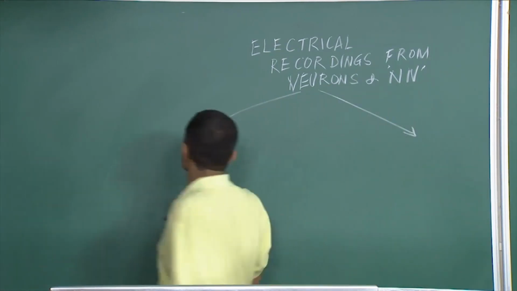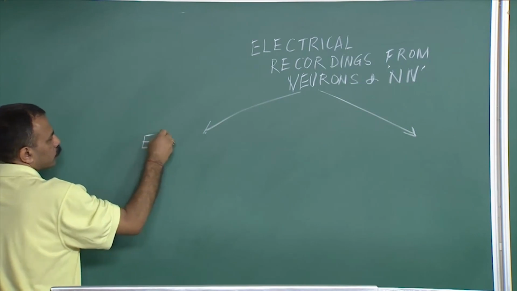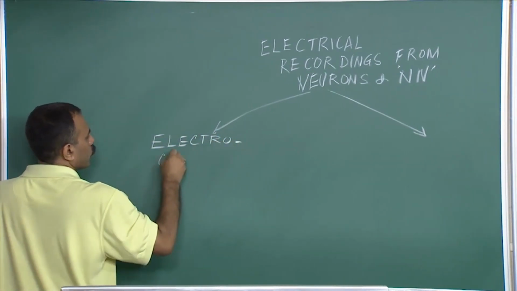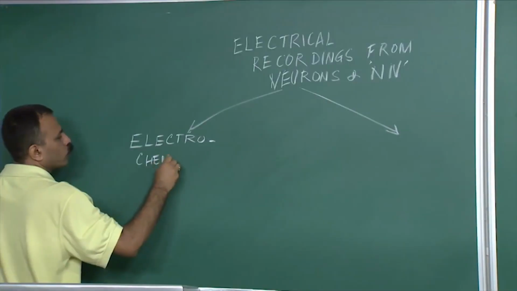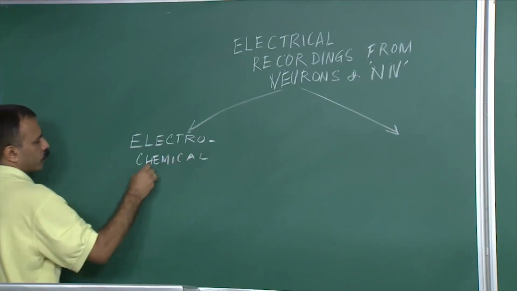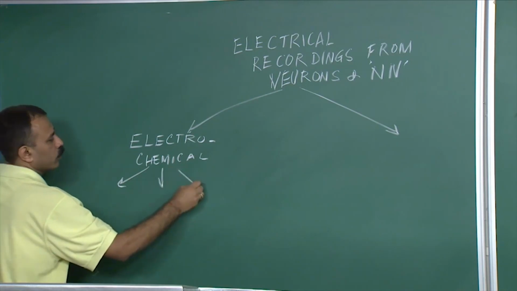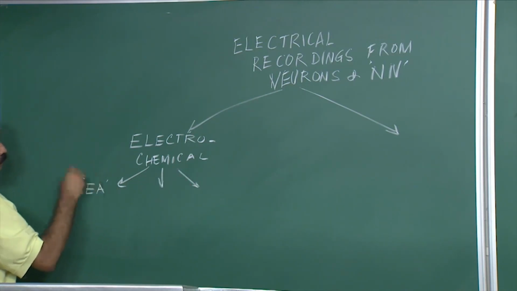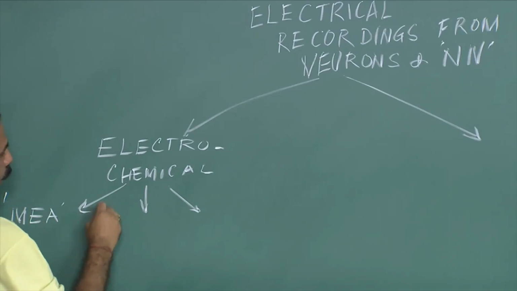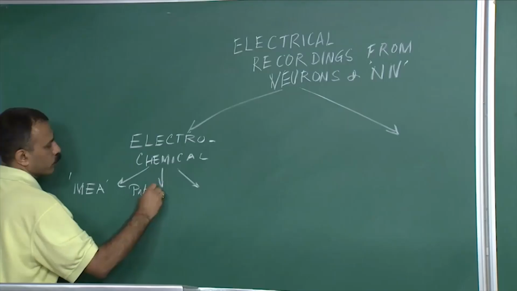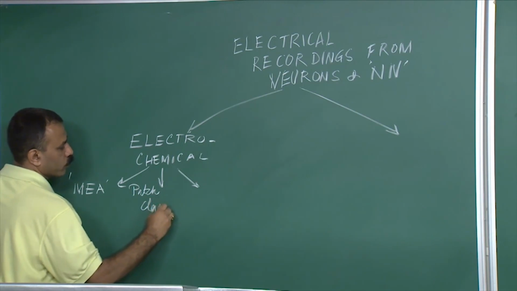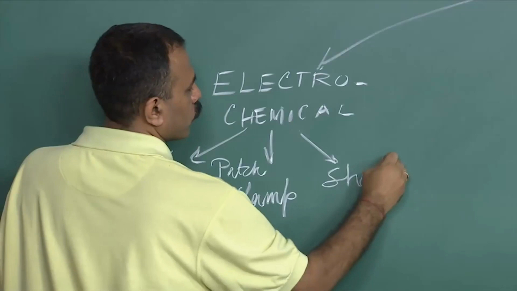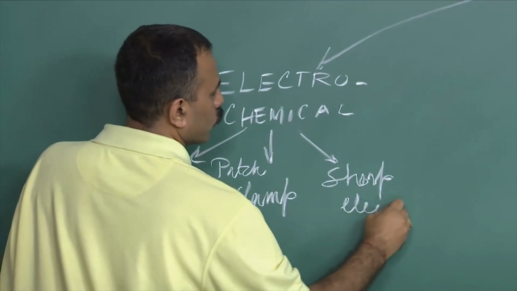One is the electrochemical methods, which we have discussed in the form of microelectrode arrays, MEAs. We talked about patch clamp, and we talked about sharp electrodes.